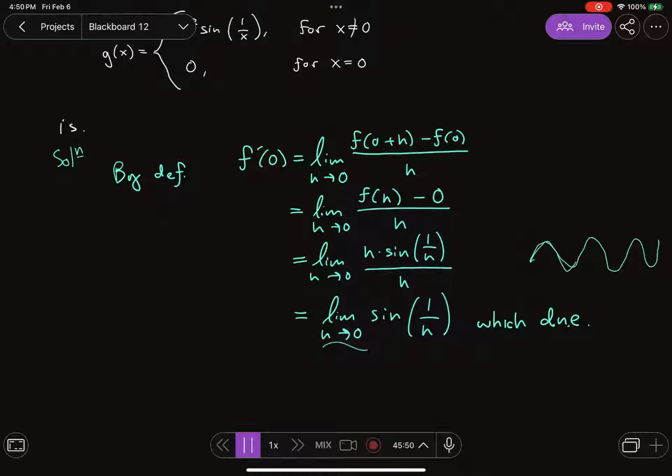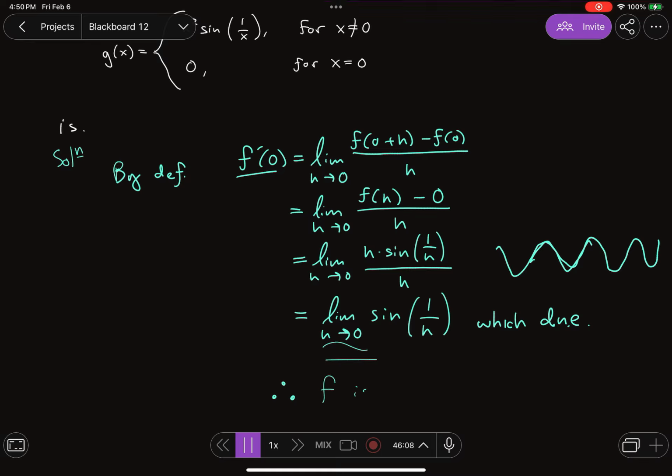Any epsilon cannot be met with a delta. Okay. Therefore, the limit does not exist. This derivative does not exist, and we would say, therefore, f is not differentiable at 0, at x equals 0.